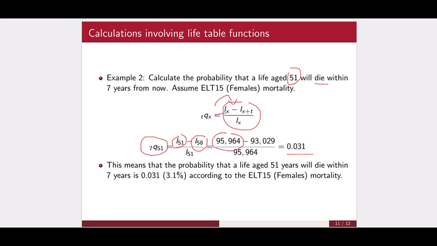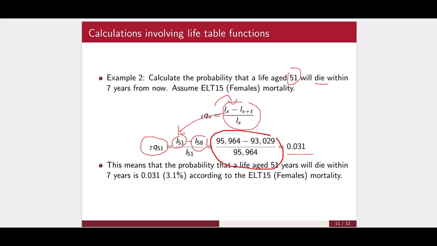So for Lx, it means we are finding L51 because 51 is this individual's age. For Lx plus t, we would need to add the 51 and the 7 and would have an L58. Lx, as we mentioned, is L51, and we evaluate these different L functions using the female's mortalities on the English life tables and would get these values.